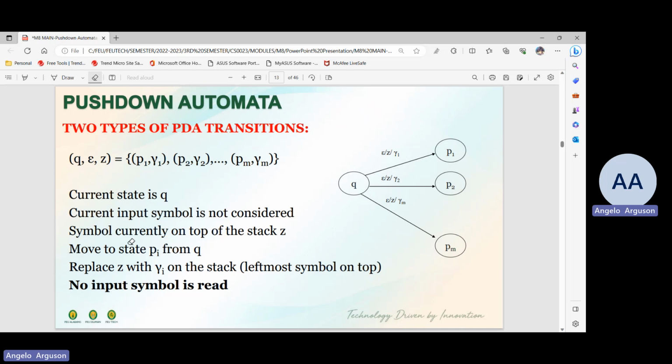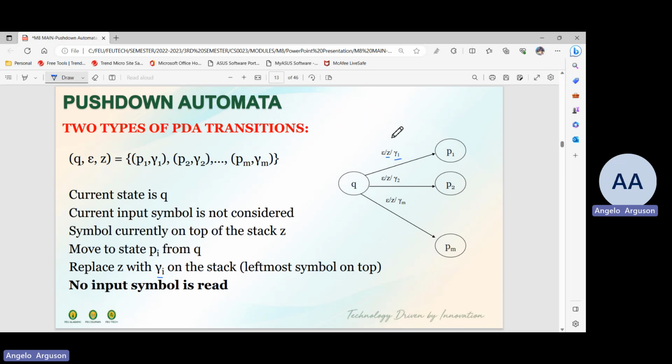The symbol currently on top of the stack is a Z. So this time we have a Z here. Move to the state P sub I from Q. Currently we are referring to P sub 1 right now. Next, replace the Z on our stack, we are referring to this Z to be replaced by a Y sub I. In this case, we are referring to Y1.